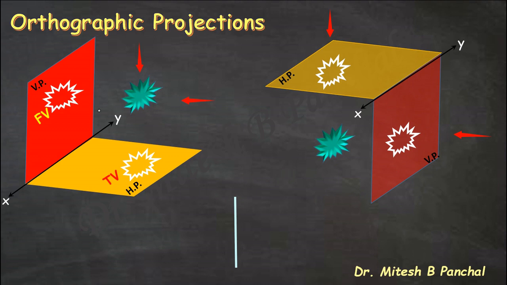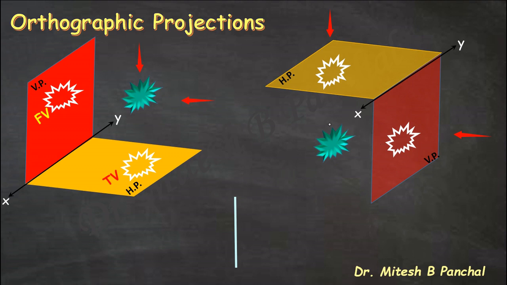Right? Here plane of projection means the plane on which we are taking projections. So when the object is in first quadrant, at that time object is in between the plane of projection and observer, whether it's a front view or we are considering the top view.